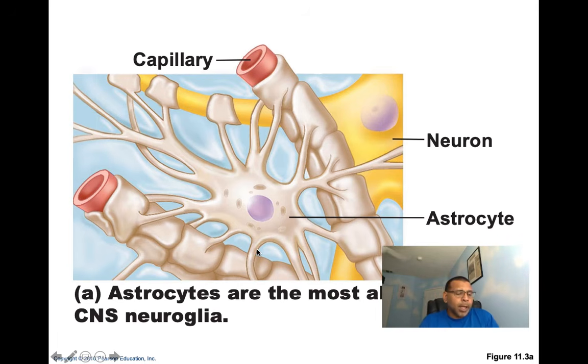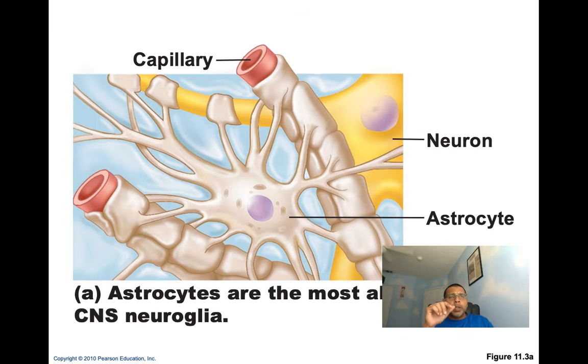Now, these astrocytes also control the chemical environment around the neurons. Second, what they do is control the chemical environment around the neuron.